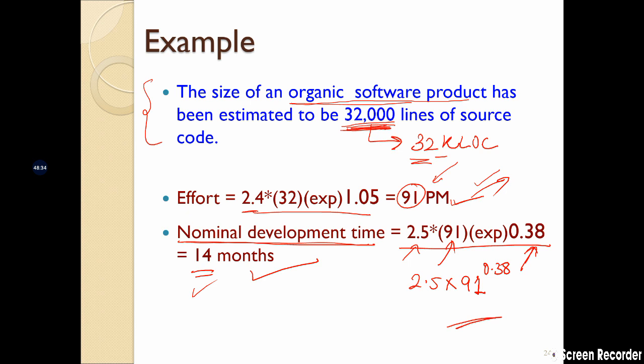Just keep this in mind. Remember these three equations and formulas, although they are not going to be asked anyway, because the focus here is software engineering. But in case they ask, or if something like this comes up, you can easily find out the effort and the nominal development time.